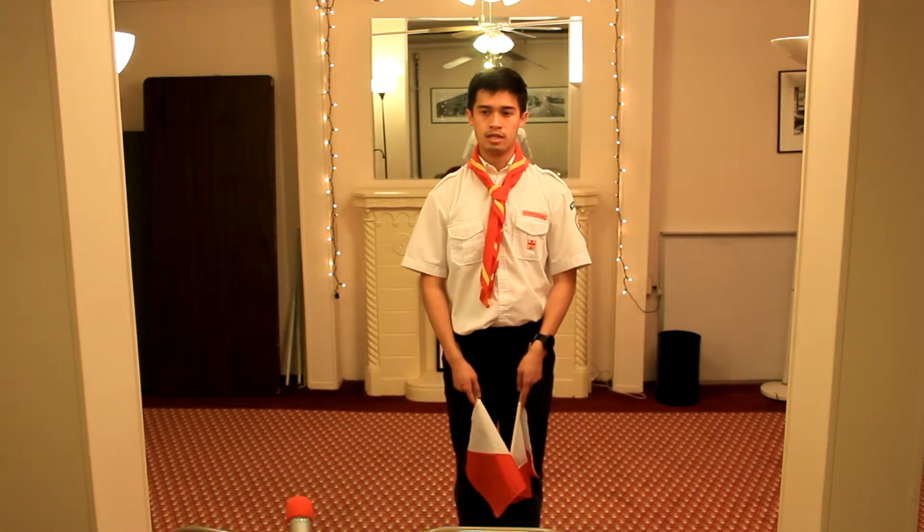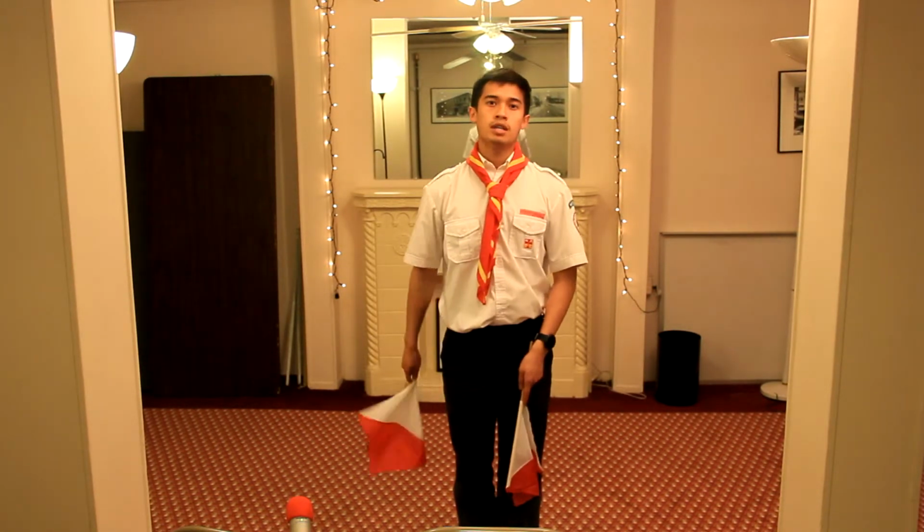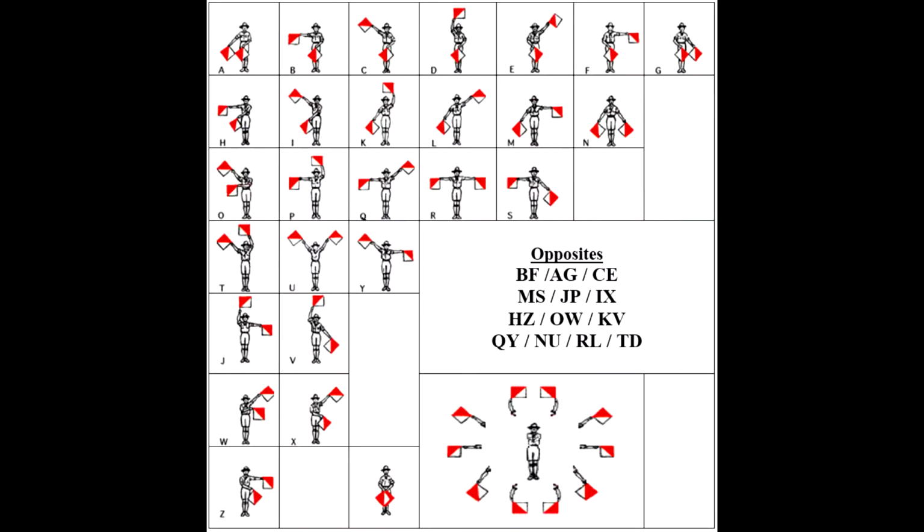So in this case, we'll go straight to the semaphore chart. The first series of letters we're going to take a look at is letters A through G. This would be the first cycle of letters we're going to learn. Now, my stationary hand, as I stated earlier, is going to be in a downward position, or position 1.